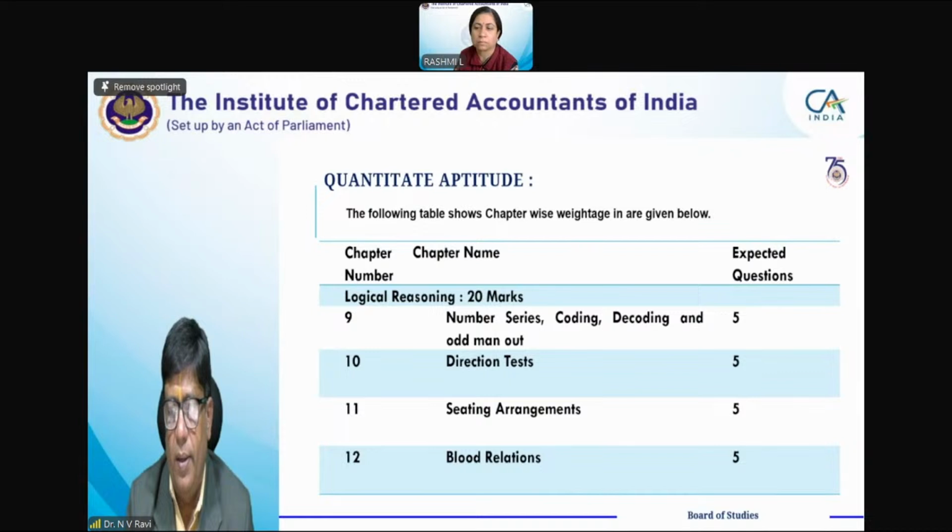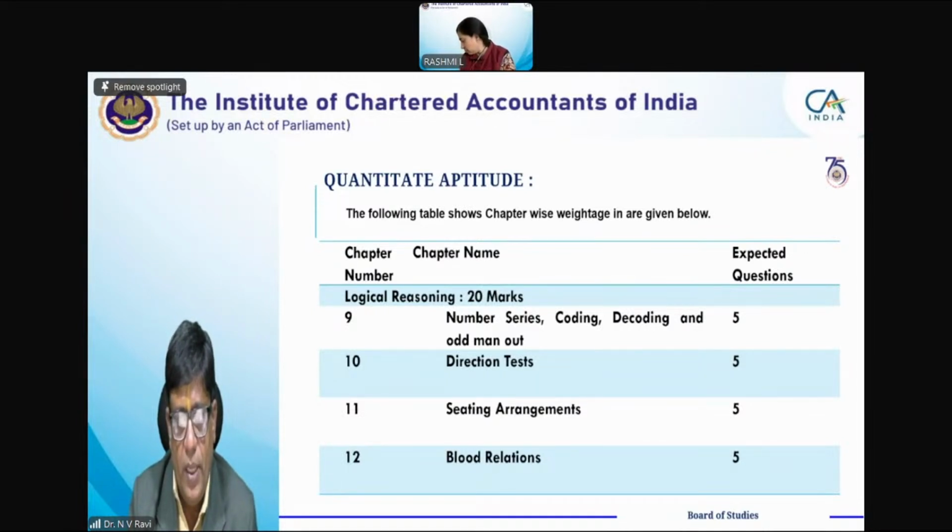Direction test. In the direction test, you know very well, the 8 directions are there: south, east, north, west, and all 4 directions. Among these, you have to see categorically the centers, and whether the movement is clockwise or anti-clockwise.